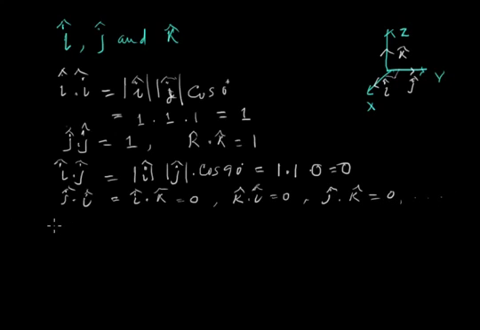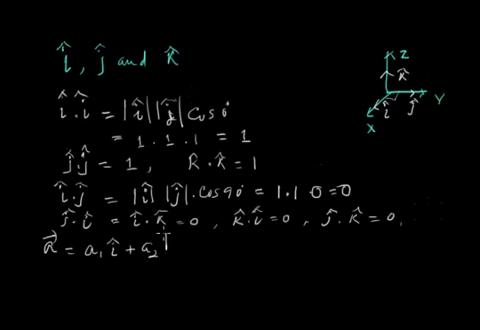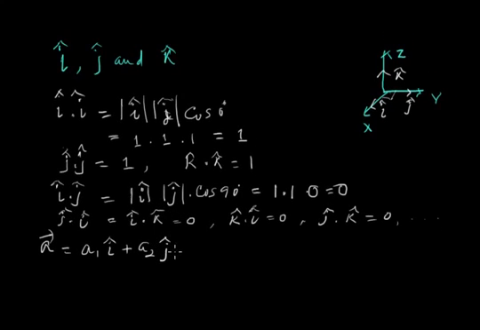Now we'll do the dot product of two vectors A, where the components are A1 into I cap, A2 into j cap plus A3 into k cap, and another vector B, B1 into I cap, B2 into j cap, and B3 into k cap.